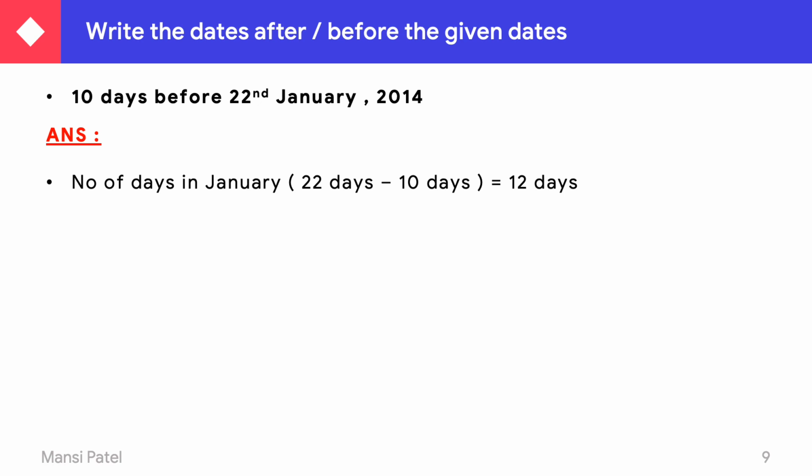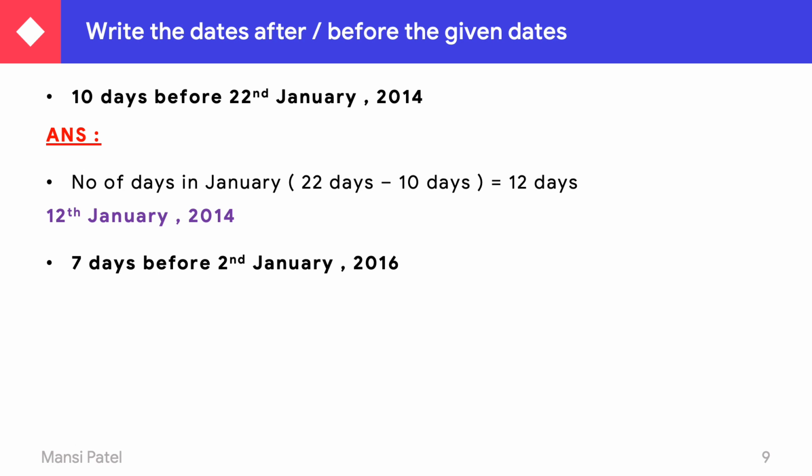Because they are asking about before, and whenever they ask about before, you have to move backward, and when we move backwards, the number decreases. So 22 minus 10 is equal to 12 days in January. So what is the 12th day of January? It's 12th January 2014.